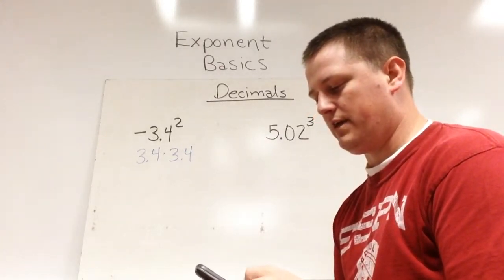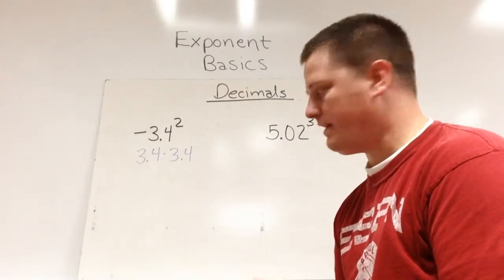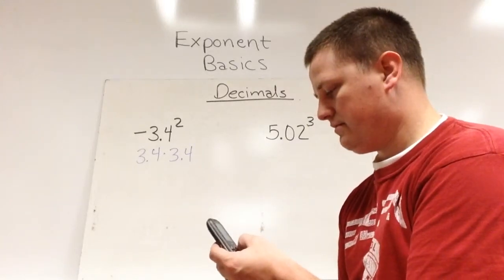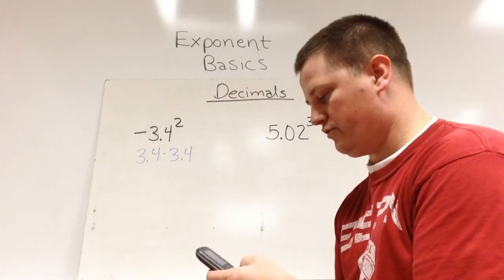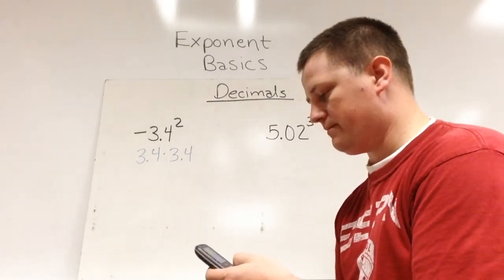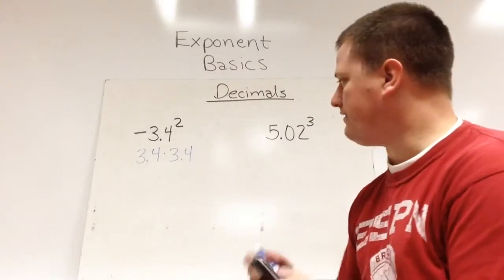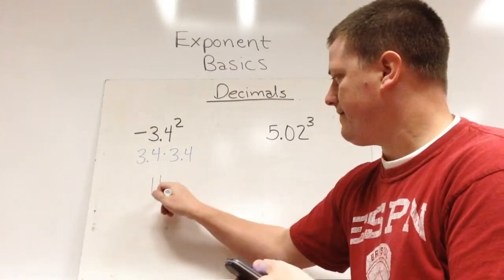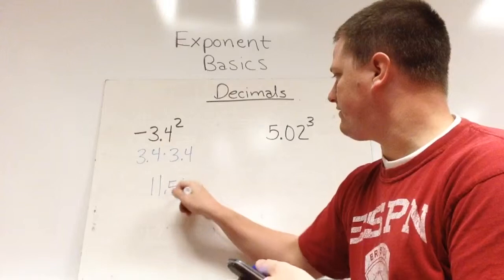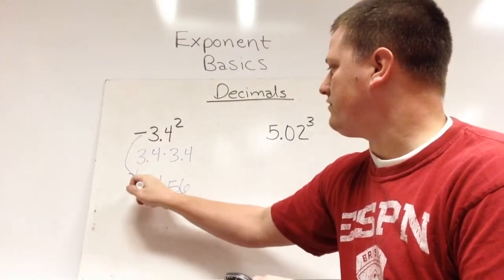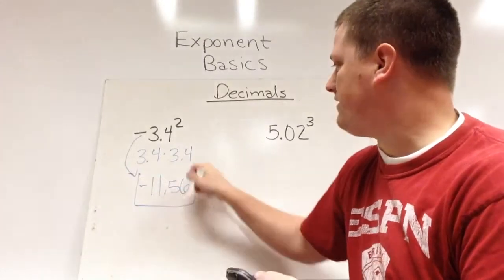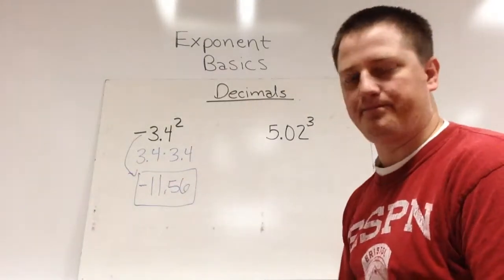So we'll get the calculator out and we'll go 3.4 times 3.4. So we'll get 11.56. Because there are no parentheses, the negative just floats to the bottom. We have negative 11.56 here.